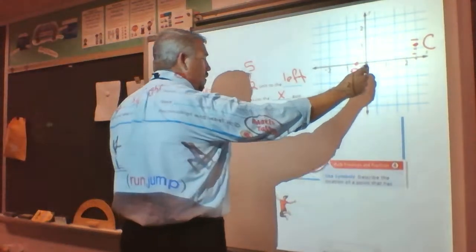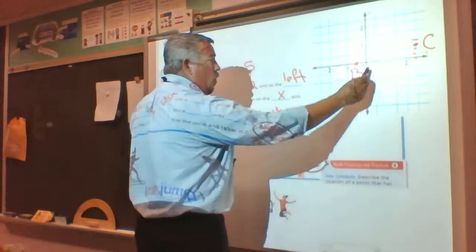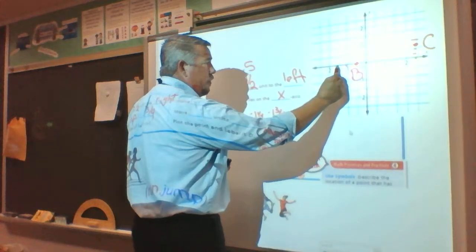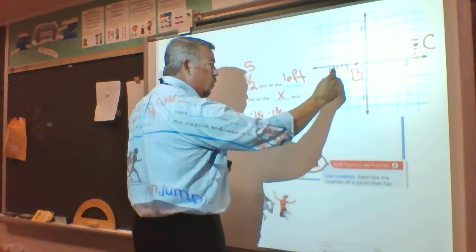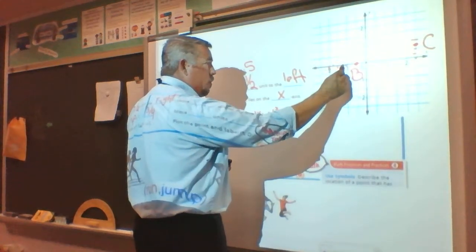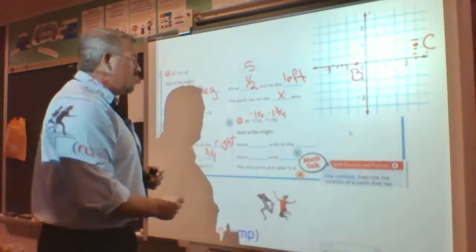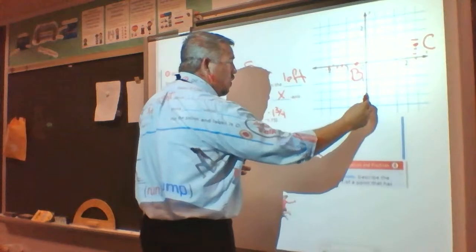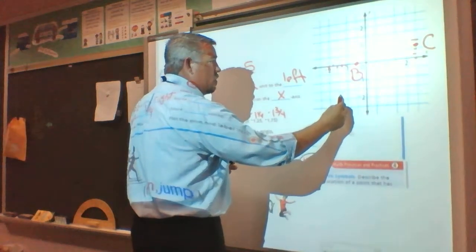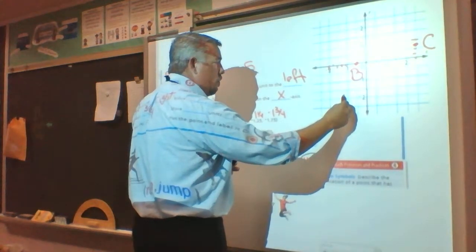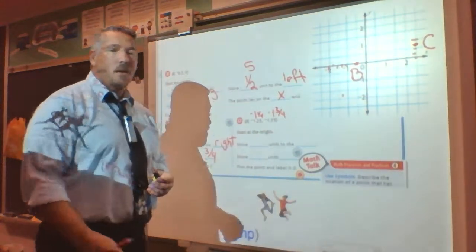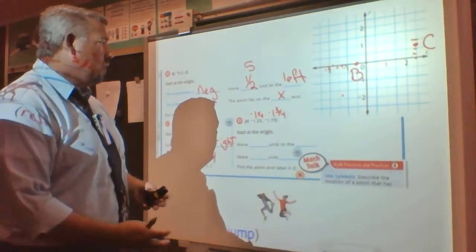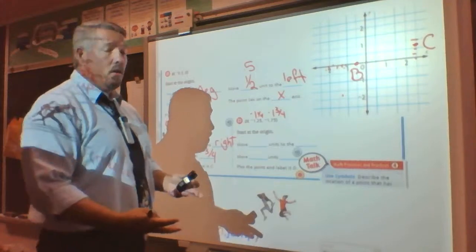So from my 0, I'm going to go negative 1 1/4. So if I divide those into 4 equal pieces again, I know I'm going to be there. And then I'm going to jump down 1 3/4. So once again, that's almost to the 2. Now notice on that one, it's just in the middle of a box. Is that okay? Sure, because that's exactly where it told me to go.